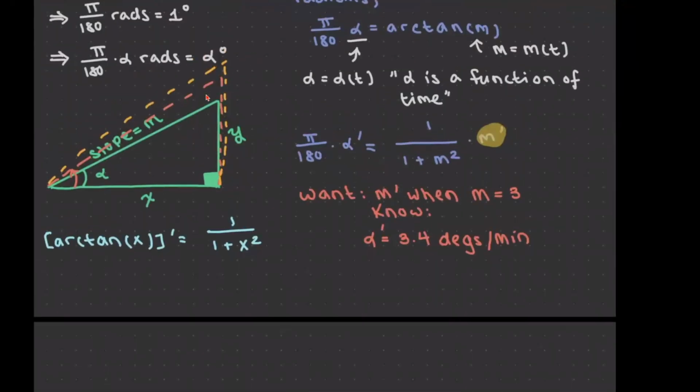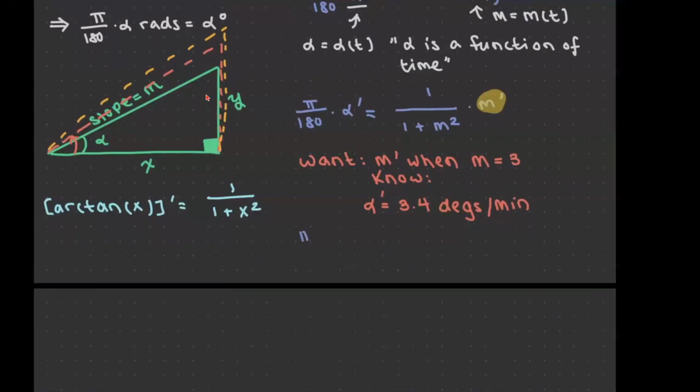So I know we have pi over 180 times 3.4 degrees per minute equals 1 over 1 plus m squared, m is 3, so 1 plus 9 is 10, times m prime.